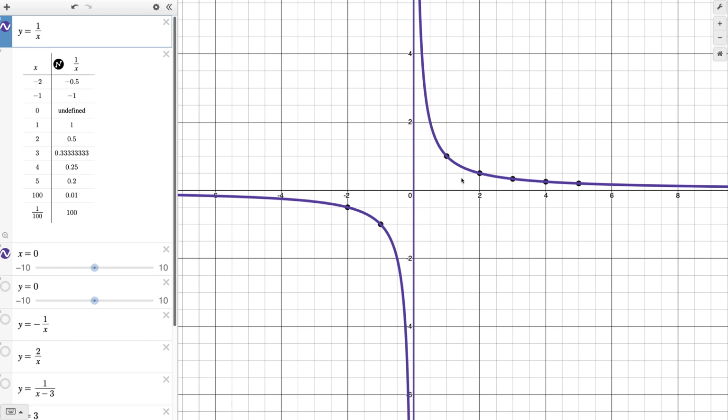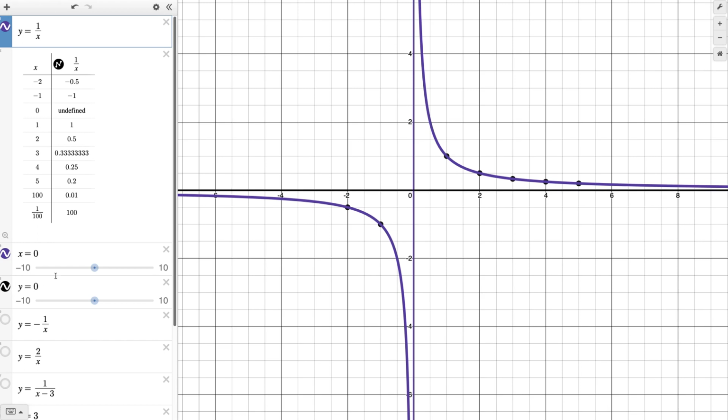Okay, now this phenomenon where x approaches 0 from the positive or negative side, let's say from the positive side, see how it's skyrocketing towards positive infinity? We say that this line that it's approaching, you see it's approaching two different ways here, this vertical line x equals 0, is what we would call a vertical asymptote for this particular rational function, 1 over x.